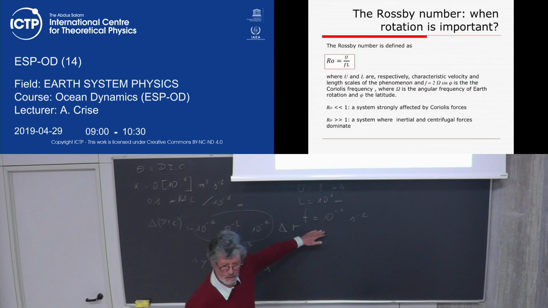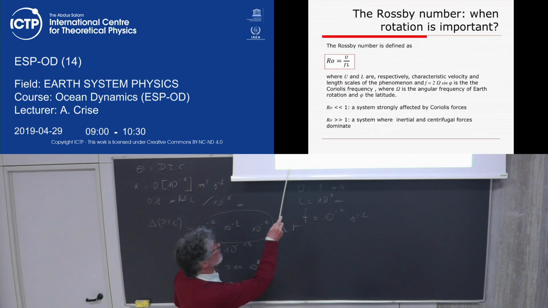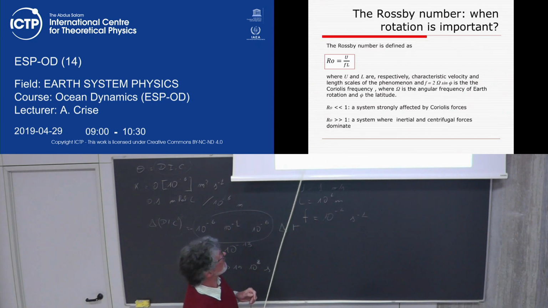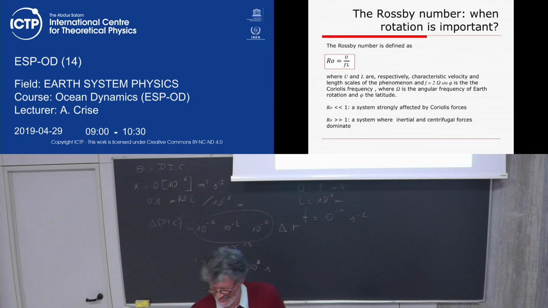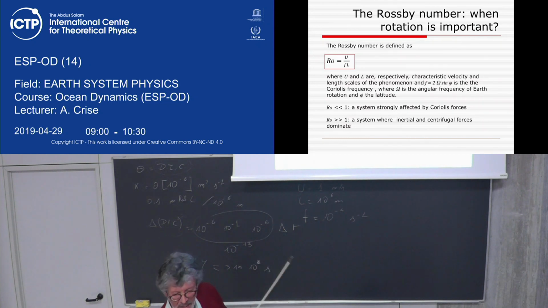This is our latitude, obviously. At the equator, how much is the value of f at the equator? 0. So at the equator, the physics is different. So let's keep the equator a bit aside, so we can define the Rossby number.